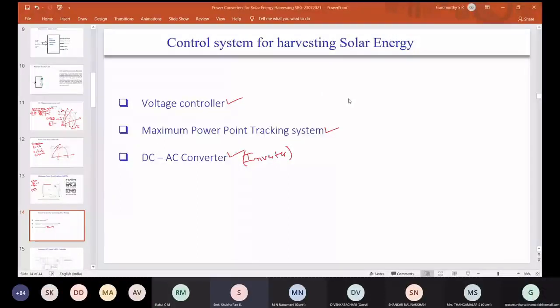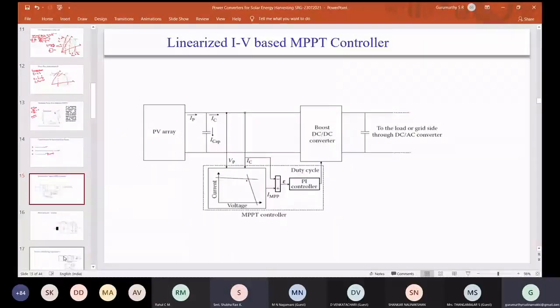Now a typical MPPT controller, a typical energy harvesting system, looks something like this. There is a PV array, which is the solar panel. Its output is variable.